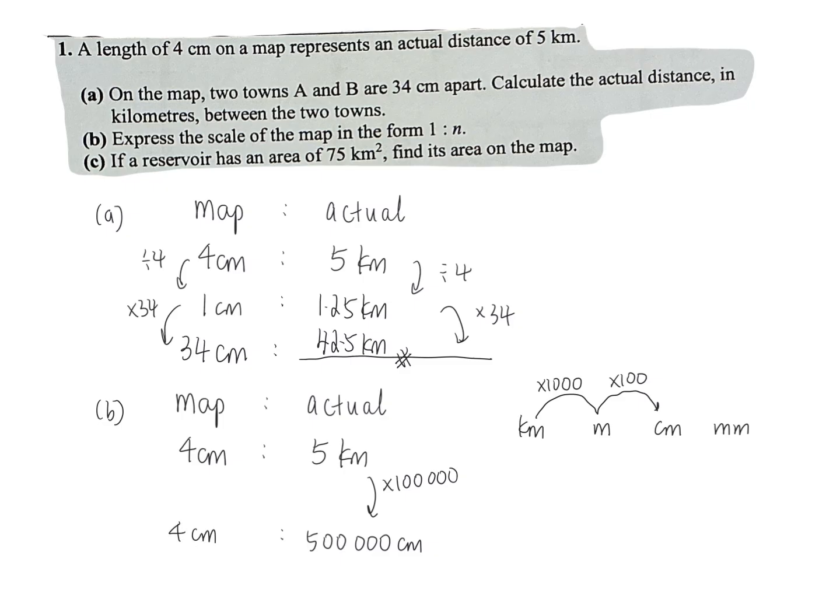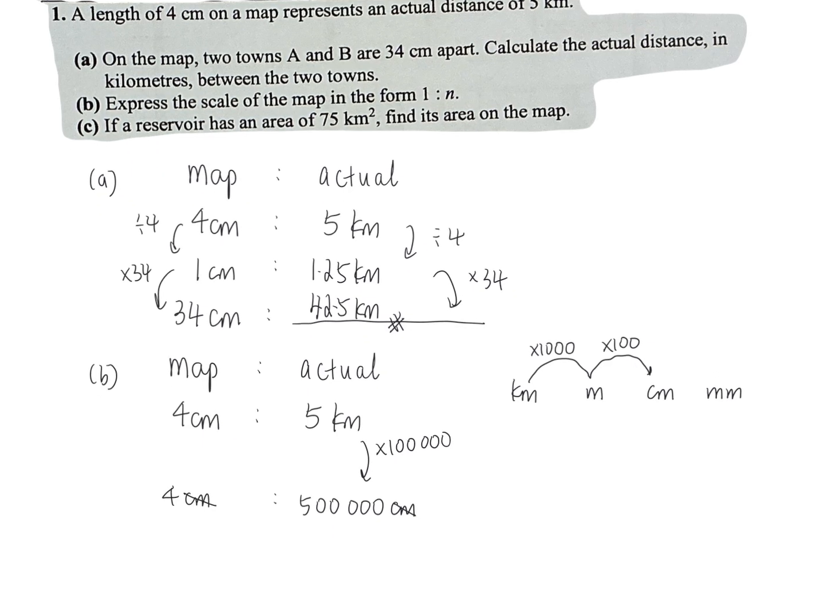So once both of them are in cm, you can drop the cm now. So 1 is to 500,000 divided by 4. So it's 125000. So your answer is this one. This is the ratio. Okay?